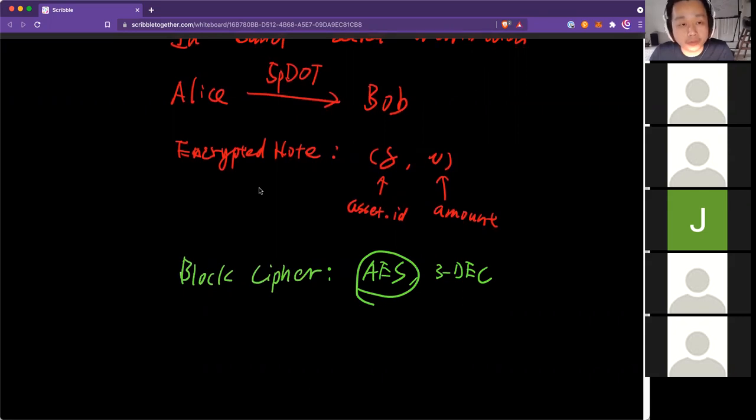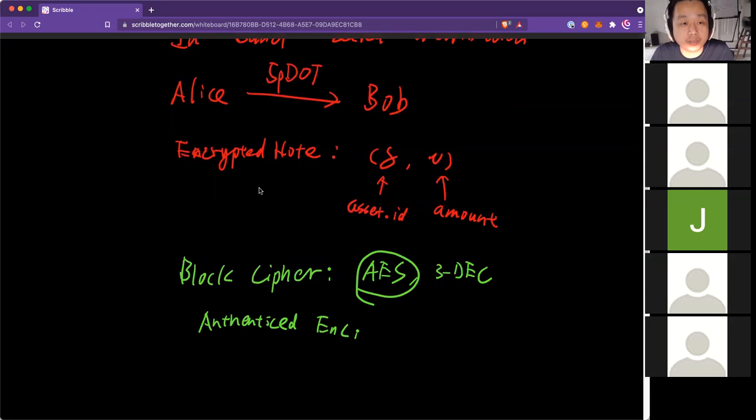To be a little bit more secure, having a block cipher is not enough. 99% of the time, you should use an authenticated encryption scheme. It is basically a block cipher plus a MAC.